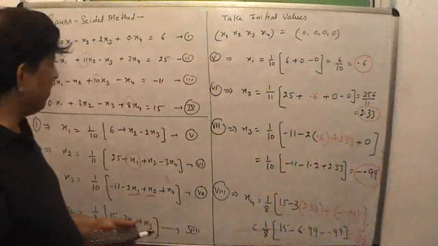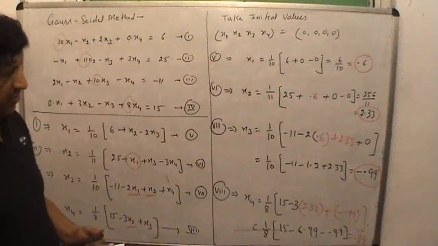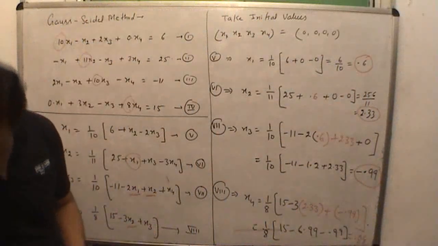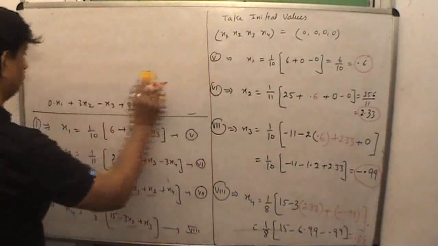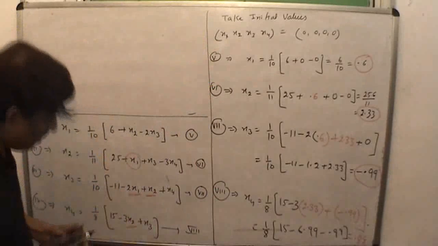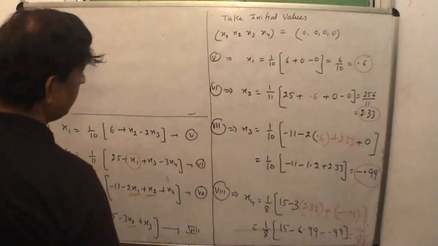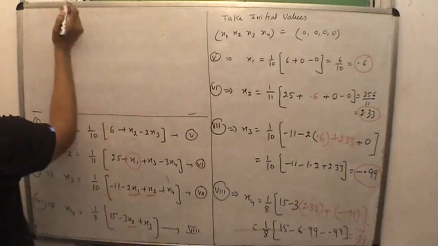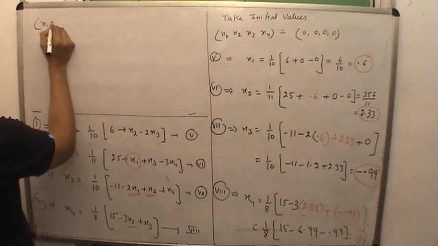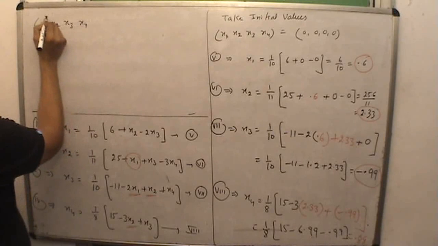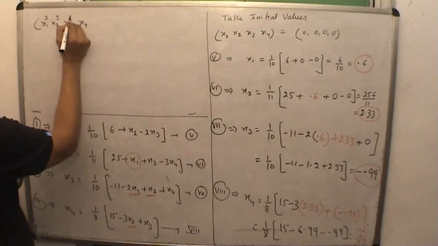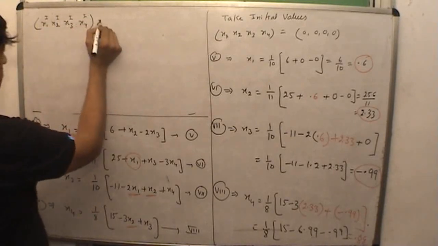And in the same manner we repeat the second step. Now what are the values of the first iteration? So we write here x1, x2, x3 and x4, with a superscript representing the first iteration.